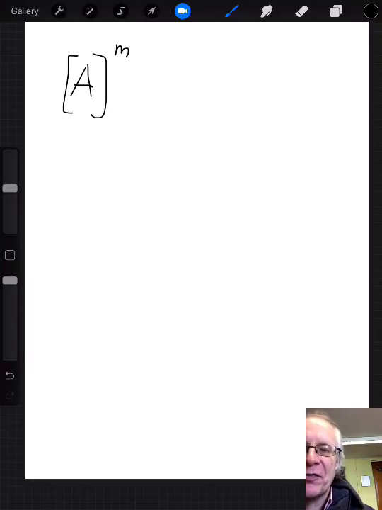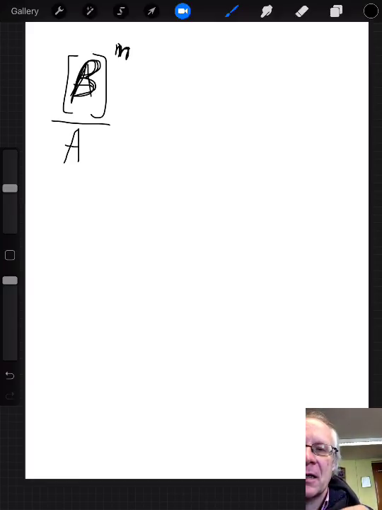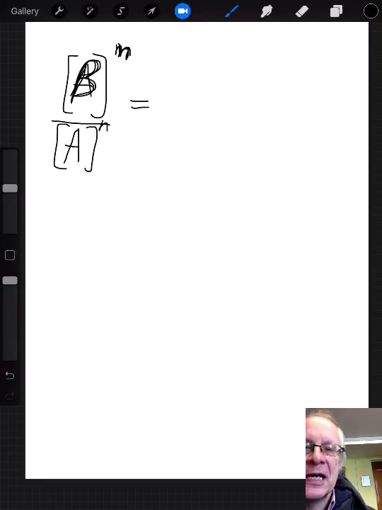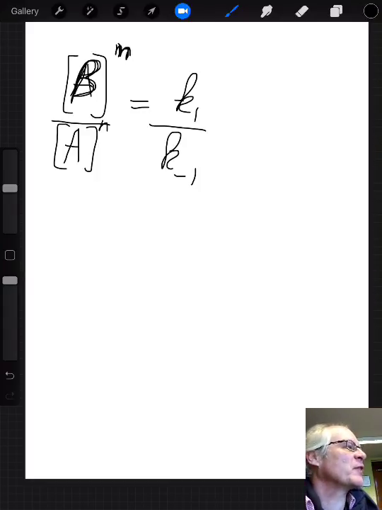So if we have B to the power of N divided by A to the power of M equals K, what was it, K1 over K minus 1. That is what we had on the previous screen.